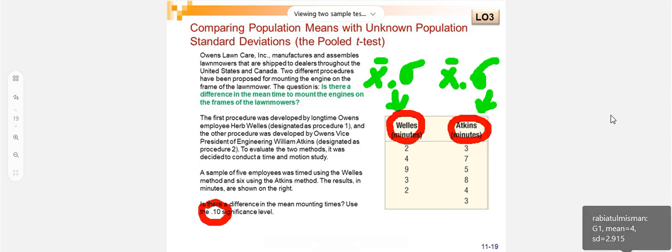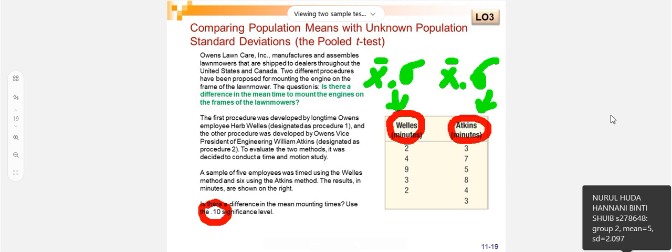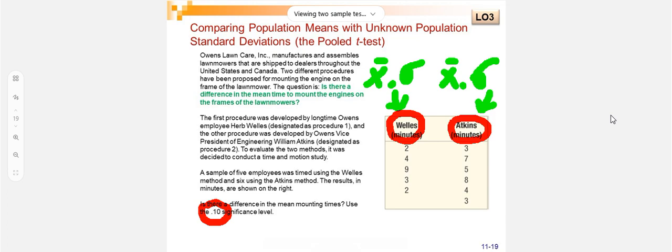Nur Mariam dah dapat result? Okay, Asia Aziz dah dapat group number 2.